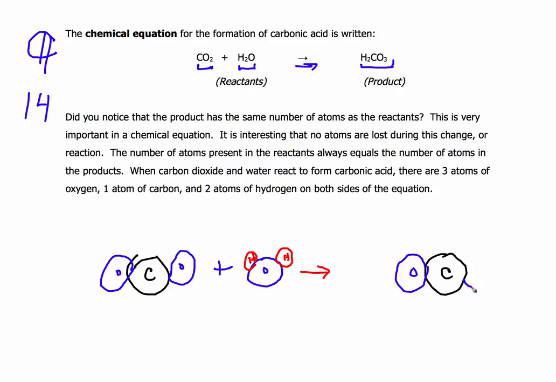And an oxygen atom here. And we'll have an oxygen atom here, and I suppose the other oxygen could be up here. And then we're going to have 2 hydrogen atoms from the water that broke apart. We're going to have hydrogen there, and hydrogen there. And so we have carbonic acid.